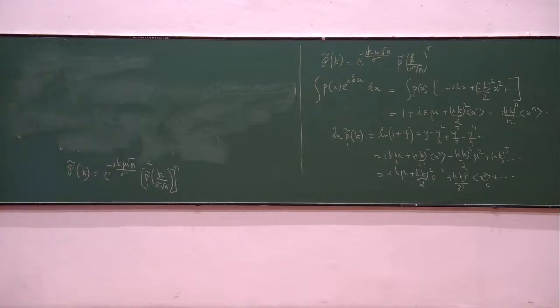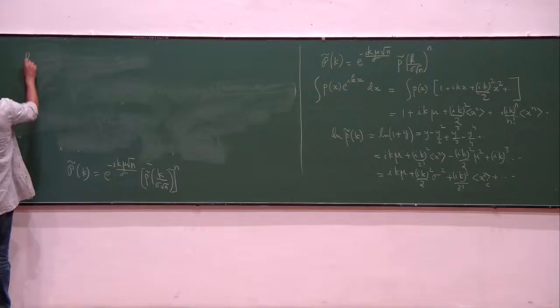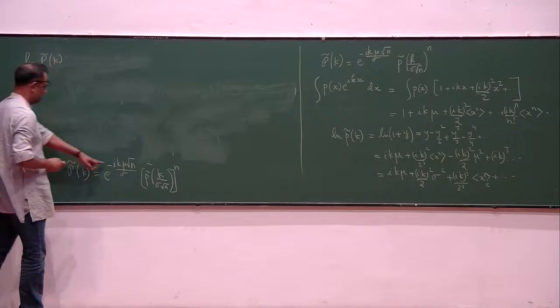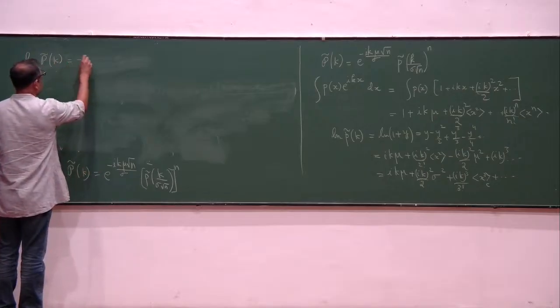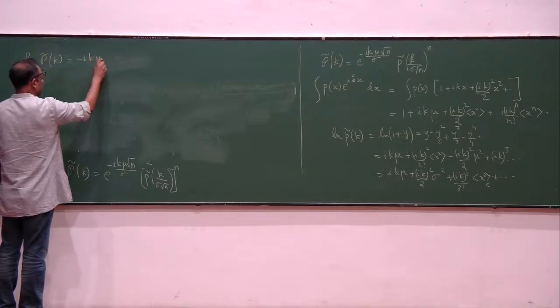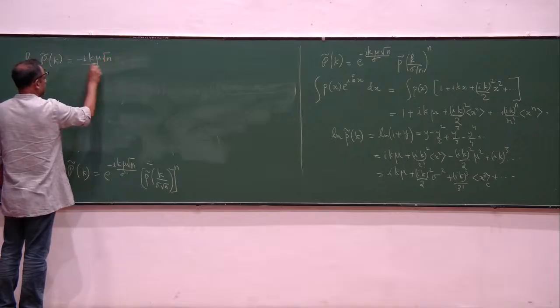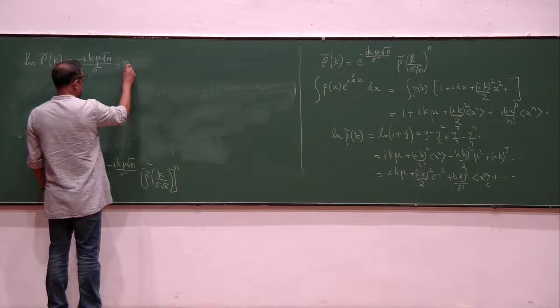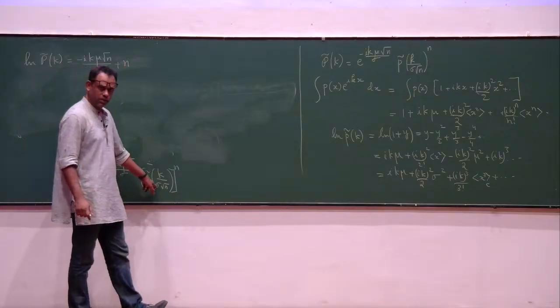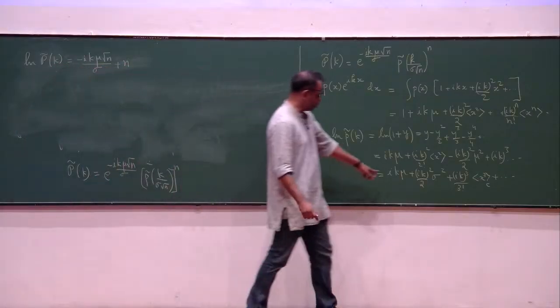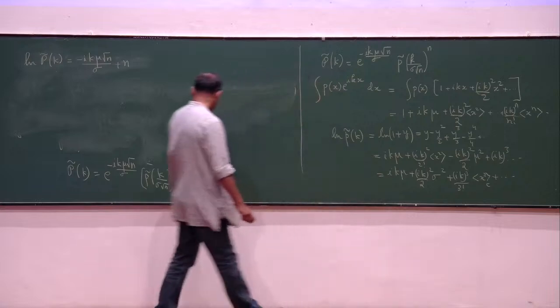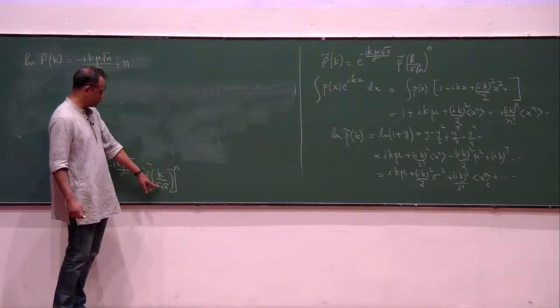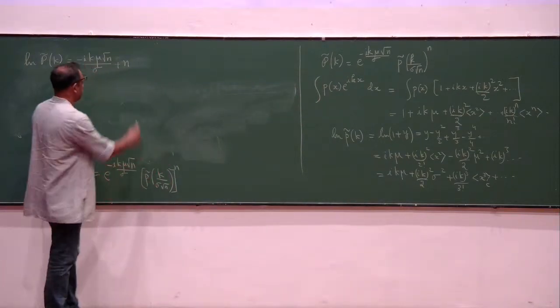So I take the log of p tilde of k by sigma root n, plus n times the logarithm of p tilde of k by root n. That expansion we know, it is this expansion, but I have to replace k by k by sigma root n. That's the only thing I have to be careful of.